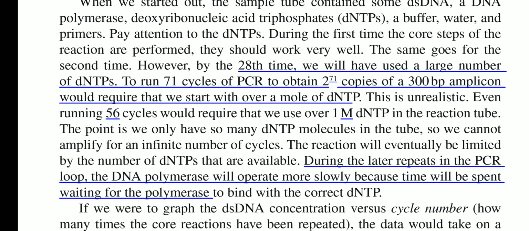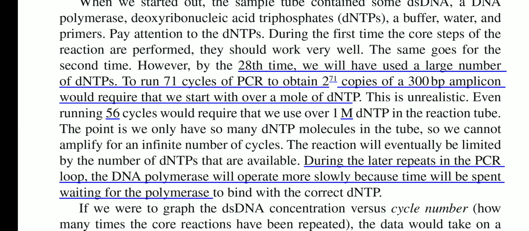So here you can see that 28 cycles would use a larger number of dNTP. To obtain 200 copies of a 3 base pair amplicon, it will require over a mole of dNTP. This is unrealistic. Even running 50 cycles will require over 1 million dNTP in the reaction tube.